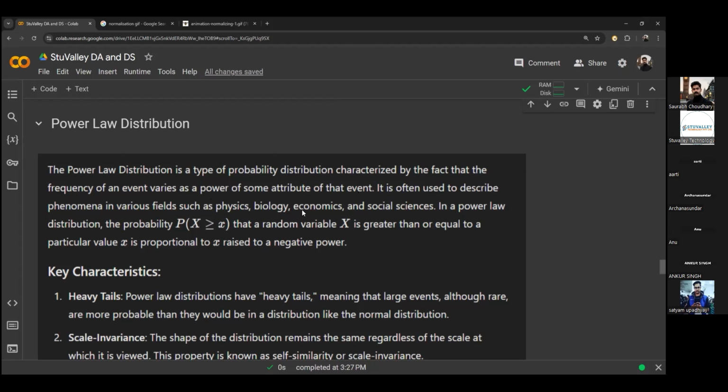It is often used to describe phenomena in various fields such as physics, biology, economics, and social science. In a power law distribution, the probability P of a particular event is greater than all the events.